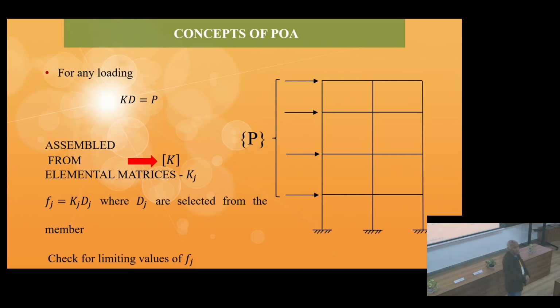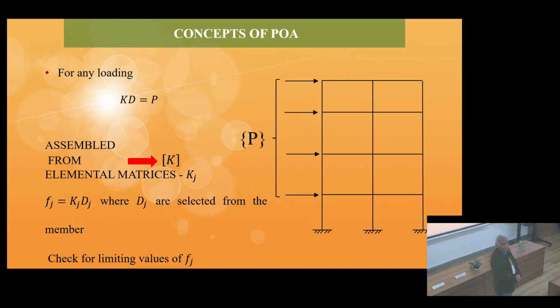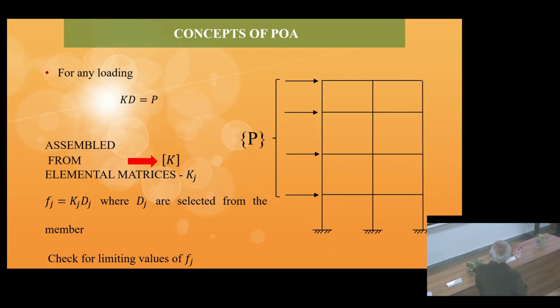So what will be the size of your K matrix? What is the size of K matrix for this? So P, what is the degree of freedom of P? What is the size of vector P?